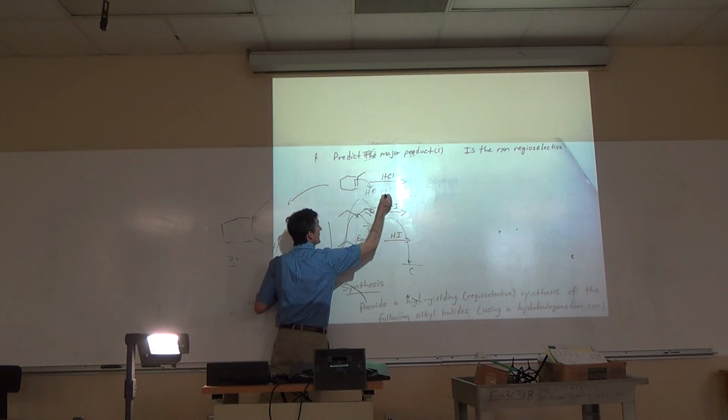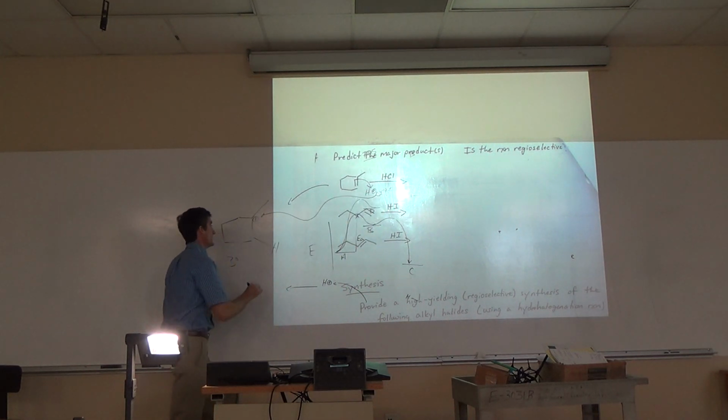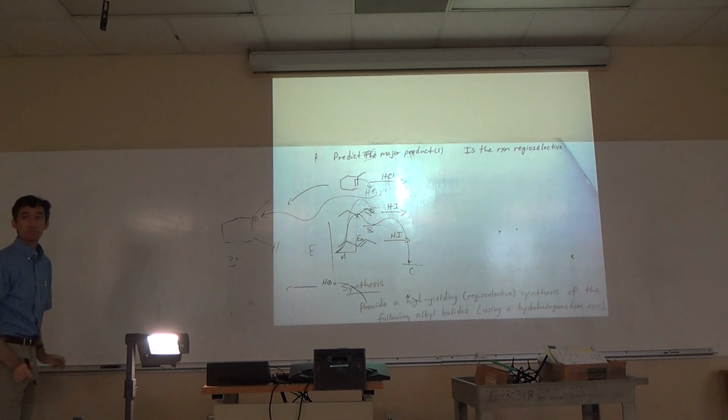The chloride. Bam. Those electrons make bond. Showing that with our mechanism arrow. Every time you use an arrow, you should say these electrons.